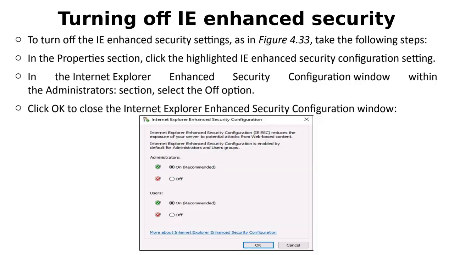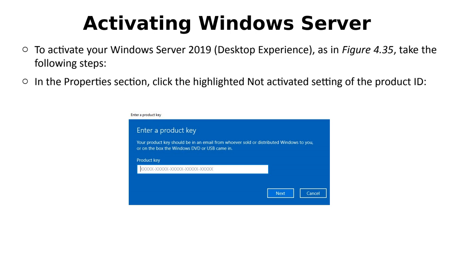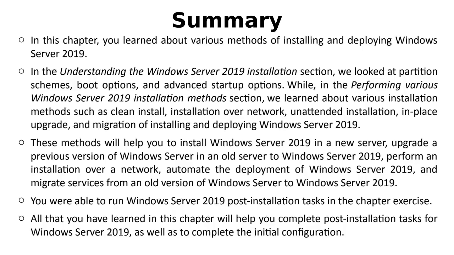So this all we will do. And I will email you now our lab file. For activating Windows Server, this is if you are using a registered Windows Server machine operating system. This is the summary.